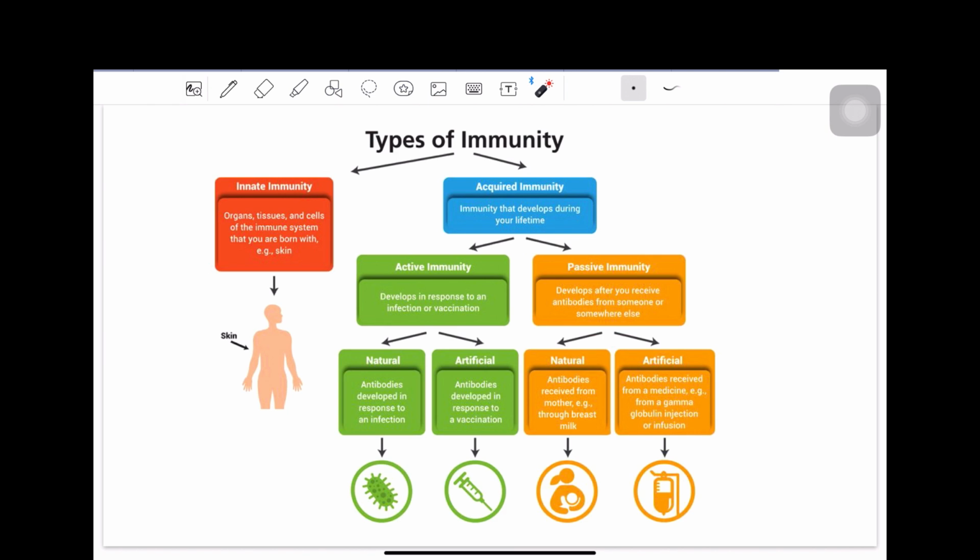If we are bitten by a snake, we need to act very quickly to save the person, and we need to take the person immediately to the hospital, and the doctors there treat the patient with antivenom. So what is antivenom? Antivenom is the antibodies that act against the snake venom. So snake venom, which is injected into our body by the snake bite, can now be neutralized by these antibodies that come in the antivenom.